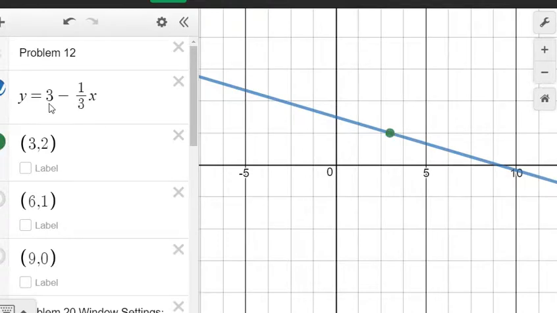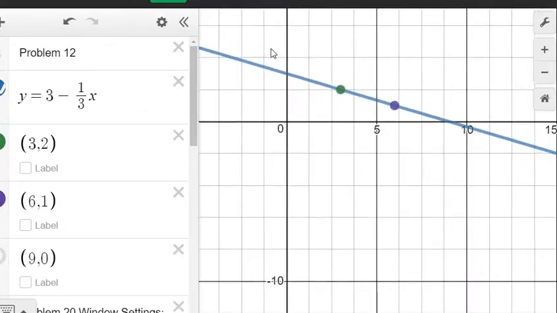If you plug in an x equals 3, or in the case of the problem, a t equals 3, you get back that r equals 2. If you plug in 6 for x, you'll get back 1 for y. So we get those 2 points. We want to find the rate of change between those 2 points.